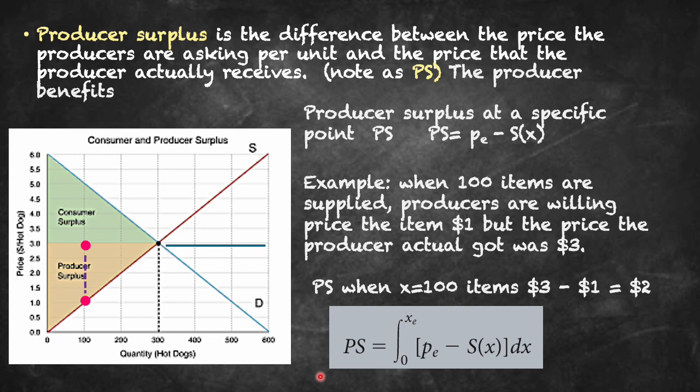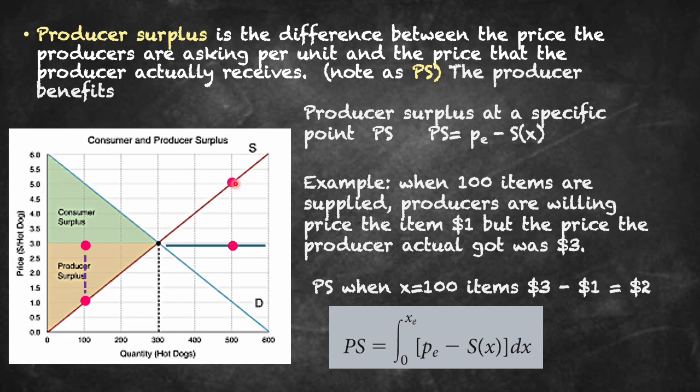Now looking at the right-hand side of the equilibrium point, again, this is going to be where people are not happy. If we look at 500, which is to the right of the 300 for the equilibrium point, that's what the customers are paying, $3. However, the producers were expecting to receive, or were going to ask for, $5.